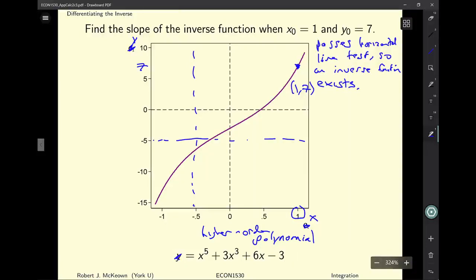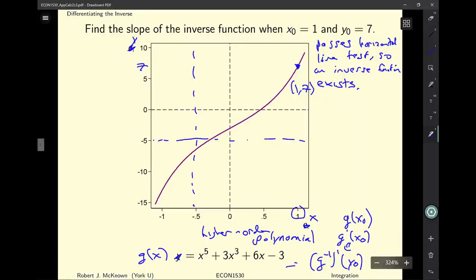So if we name this thing down here g of x, then we're going to be able to find g prime of x naught, and we're going to be able to infer something about the inverse prime around y naught.